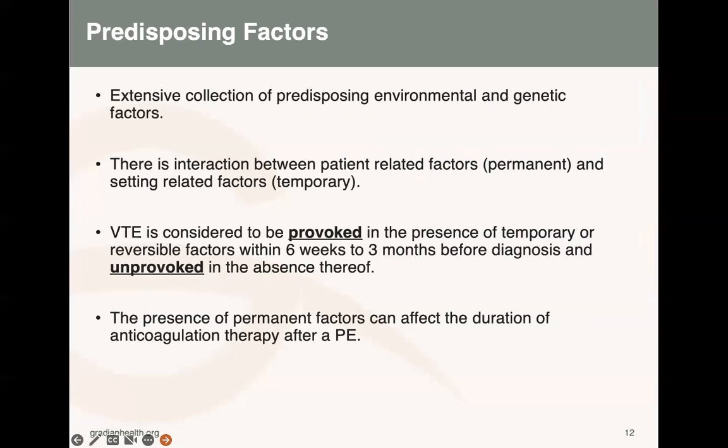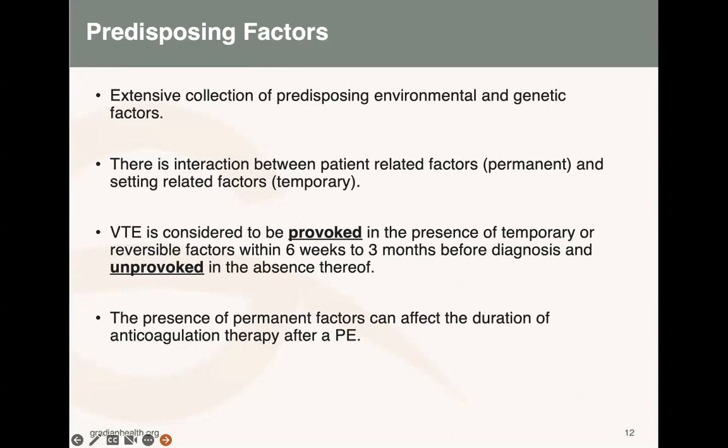The risk factors are going to give you clues about pulmonary embolism, and if you think about it, you are going to order specific investigations and you'll be able to diagnose it.